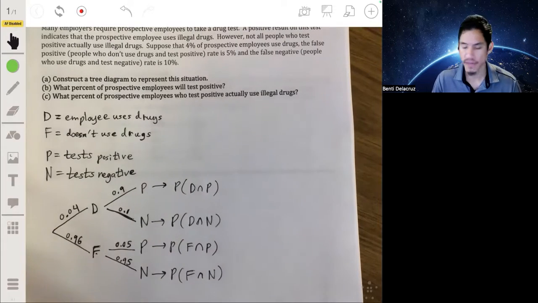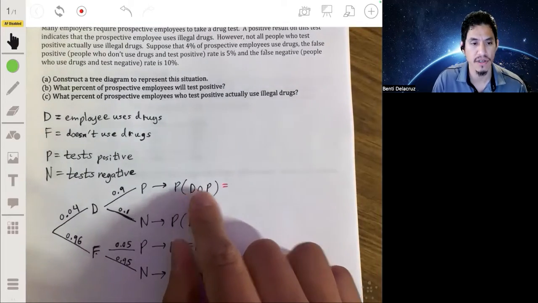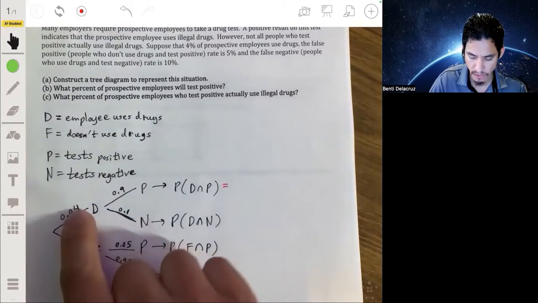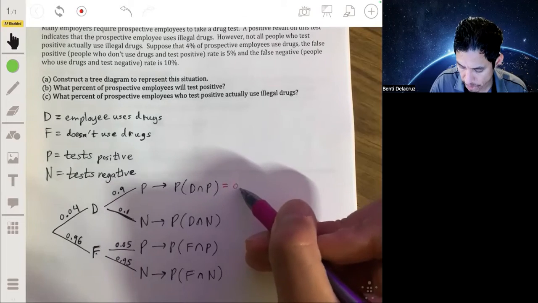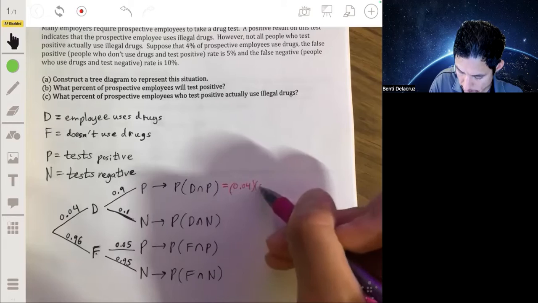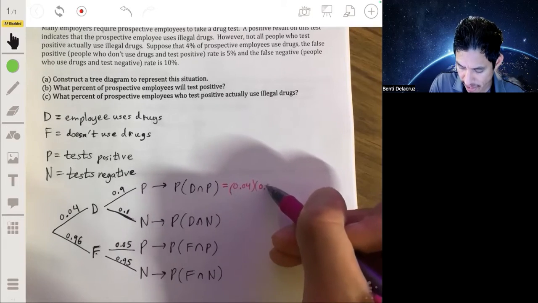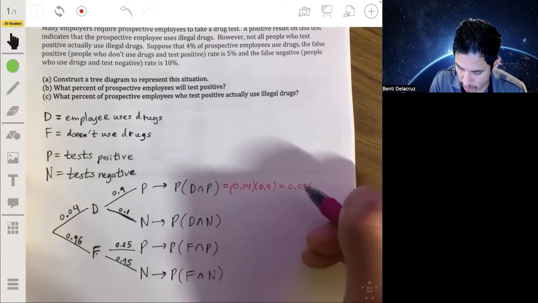Okay, so now we go ahead and figure out the end probabilities. So the probability of being a drug user and testing positive will be 0.04 times 0.9, using these corresponding branches, and you should get 0.036.